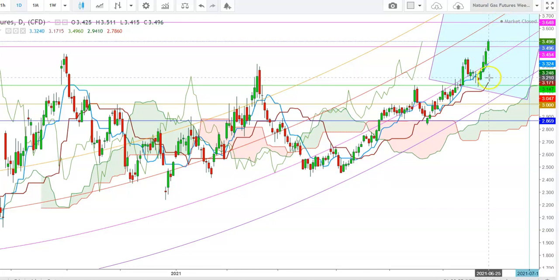On the lower side, I find that the immediate support can be seen at the 9 days moving average, which is currently at the levels of 3.324, and the next support will be at the 26 days moving average, which is currently at the levels of 3.171. So friends, here I find that every downward move during the upcoming week in natural gas futures could find strong buying support below the levels of 3.229.